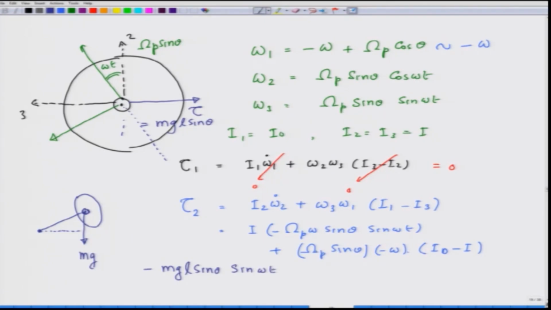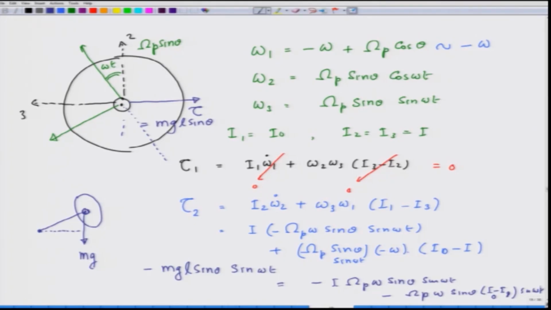Oh, for the omega 3 out here, I also had a sin omega t here, which I forgot, and it should be equal to minus I omega p omega sin theta sin omega t minus omega p omega sin theta times I minus I0, or I0 minus I, sin omega t.